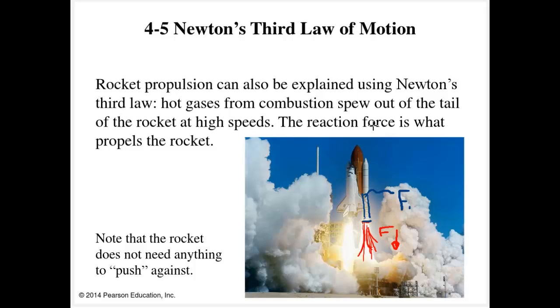More importantly, this is the reaction force right here that is acting on the rocket. And why that's important is rockets actually don't need anything to push against. All they need to do is to be able to push this fuel out of the tail. Rockets obviously work in space. In space it is a perfect vacuum, so there is nothing to push against. So it's Newton's third law that allows rocket propulsion to work.